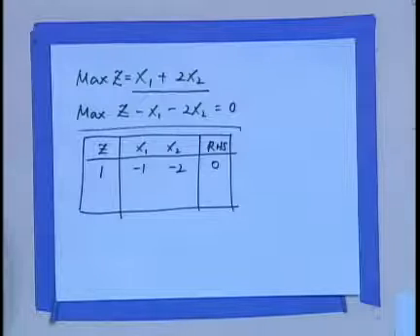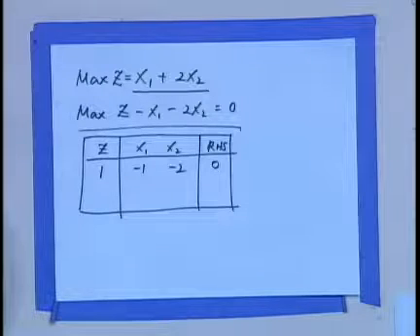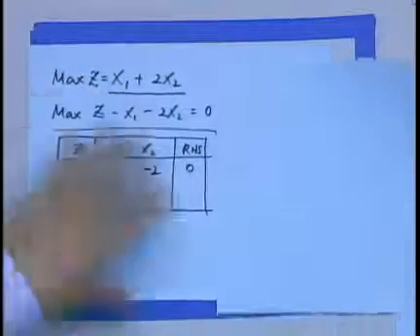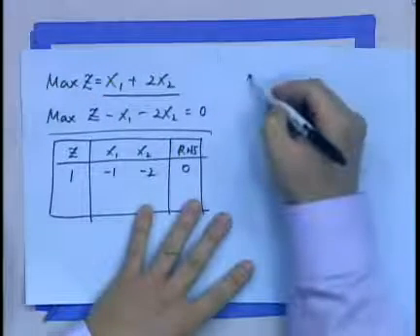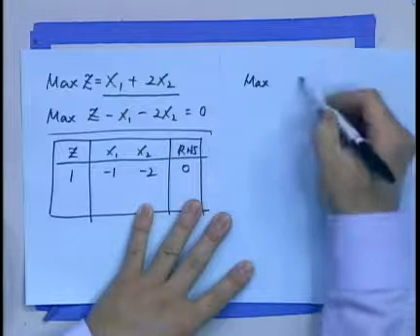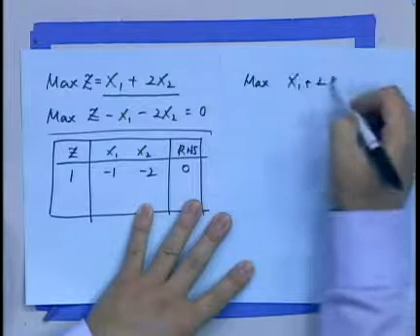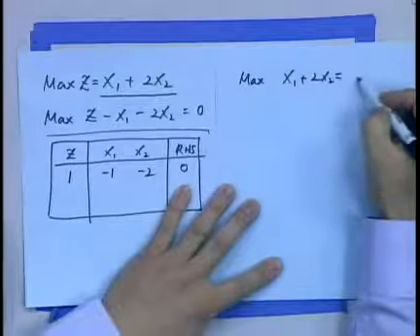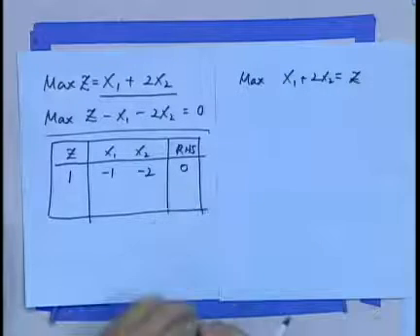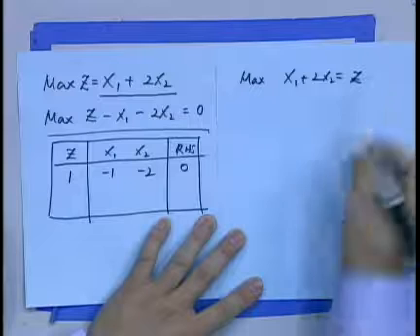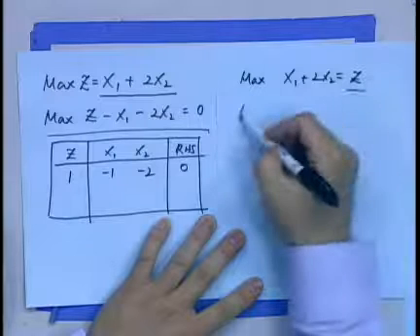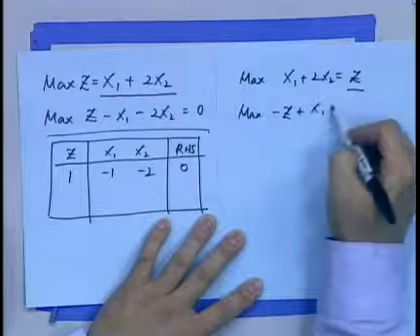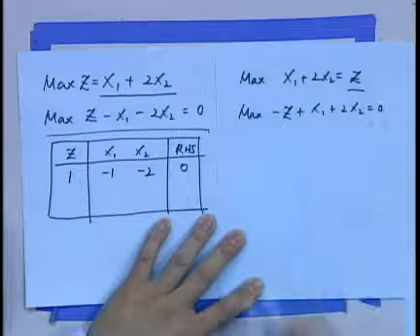And this is slightly different from what we've done so far. What we did is, for a given maximization problem, x1 plus 2x2, we set the objective function value equal to z. Okay? And then move z to the left-hand side. Negative z plus x1 plus 2x2 equals 0.